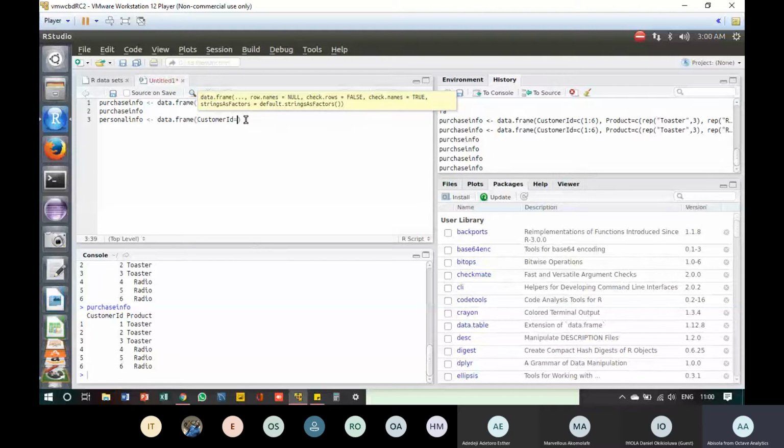Okay, so customer ID c(2, 4, 6) and state. Want to repeat states twice. Alabama. Want to repeat Alabama twice.